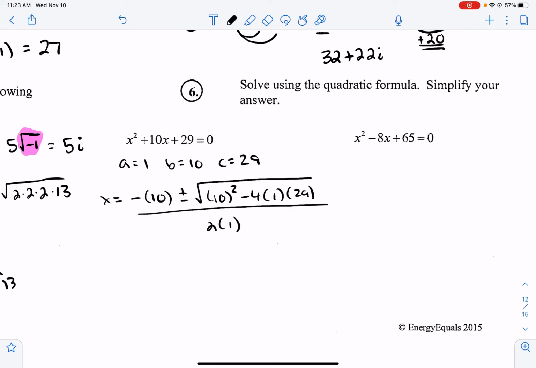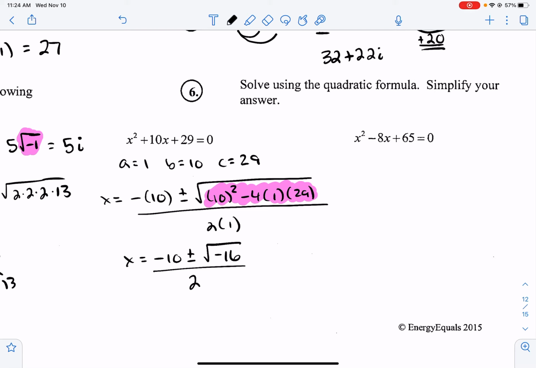So when I plug this inside part in my calculator, which you are supposed to do first, right? That becomes x equals negative 10 plus or minus the square root of negative 16, all divided by 2.